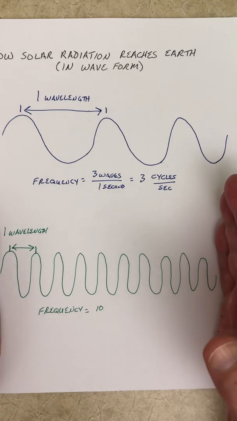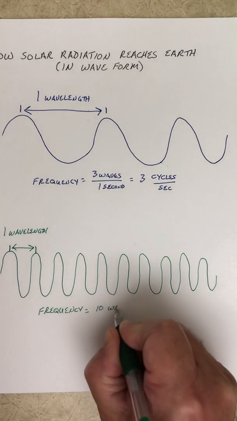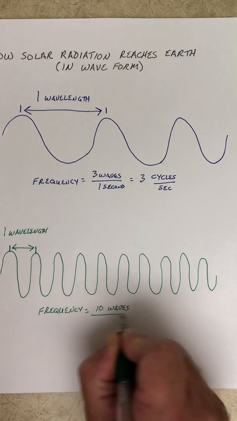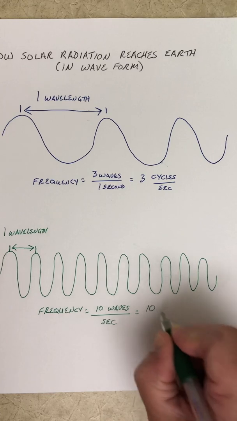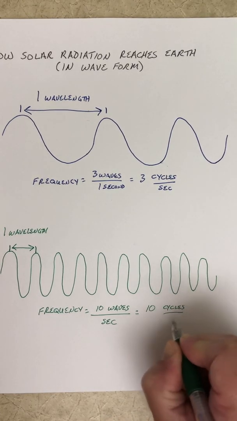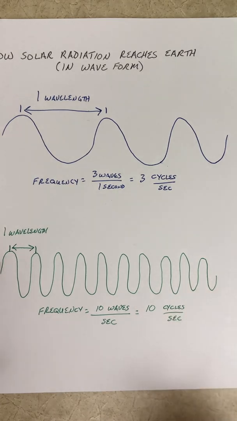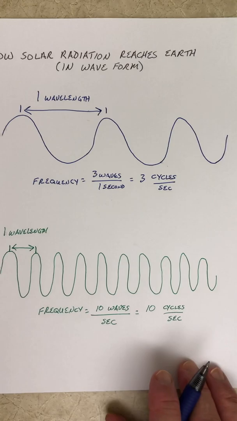This segment is made up of 10 waves, so 10 waves per second. Or again, if we use cycles, 10 cycles per second. So we see a relationship building up here.